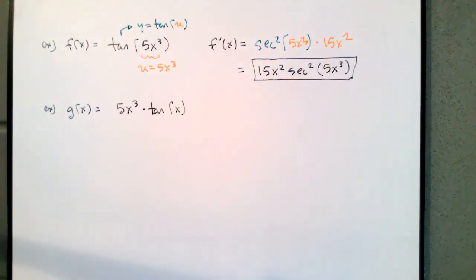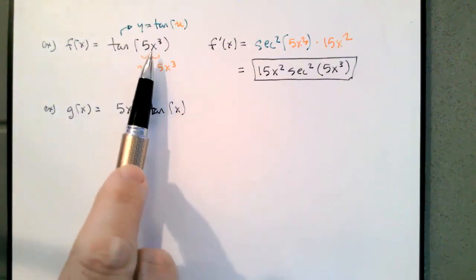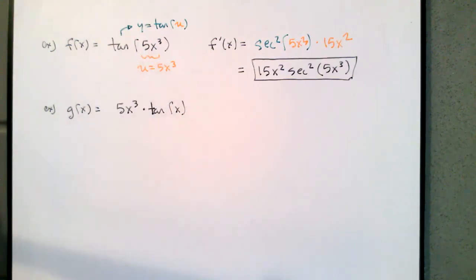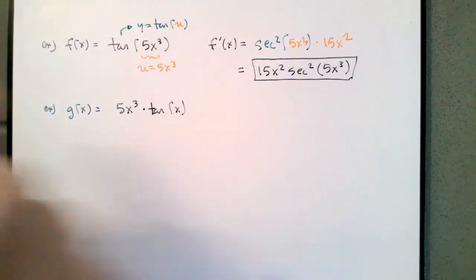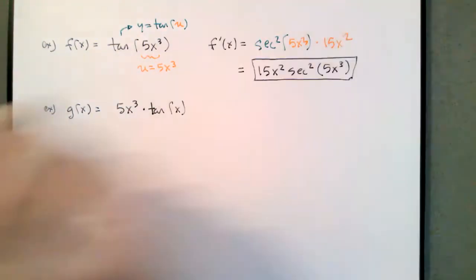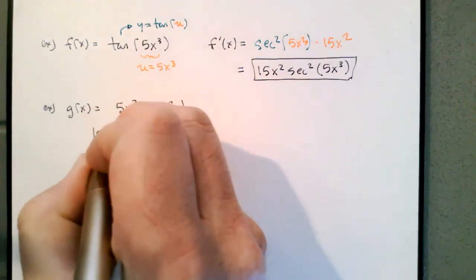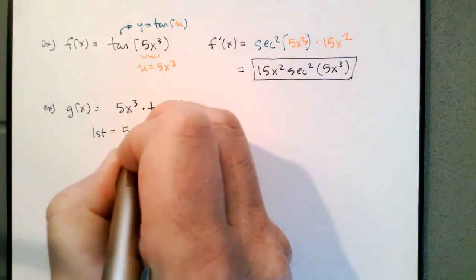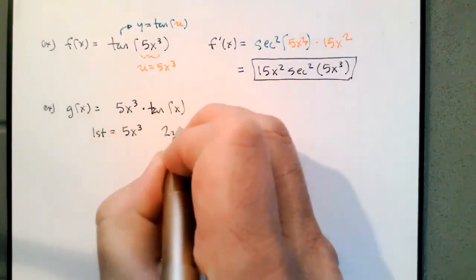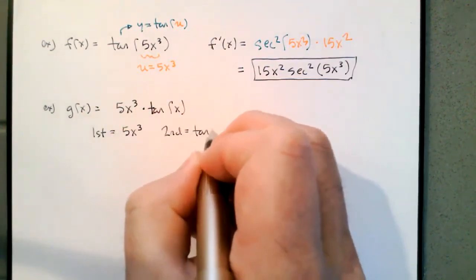Because I have to hold those results and multiply them together instead of just taking the result of 5x cubed and putting it into the tangent. So I'm going to separate this into a first and a second. So the first will be the 5x cubed, and the second will be tangent x.